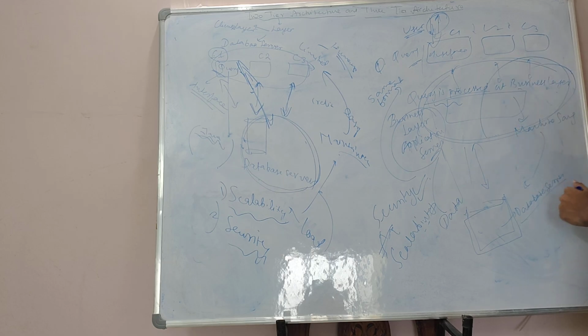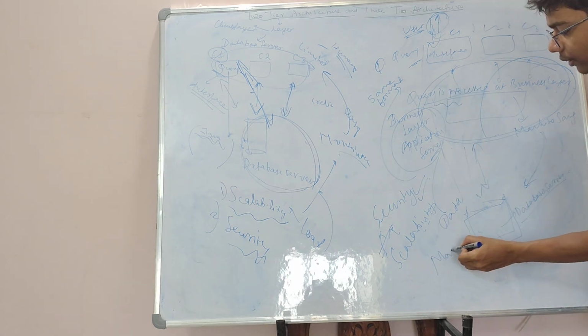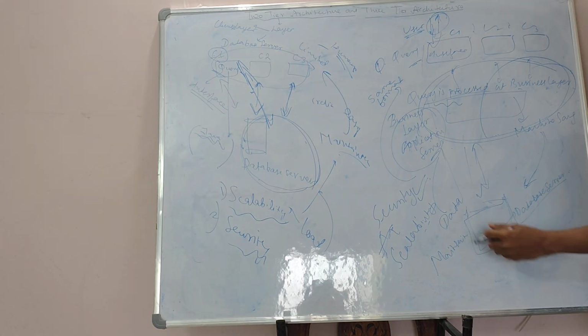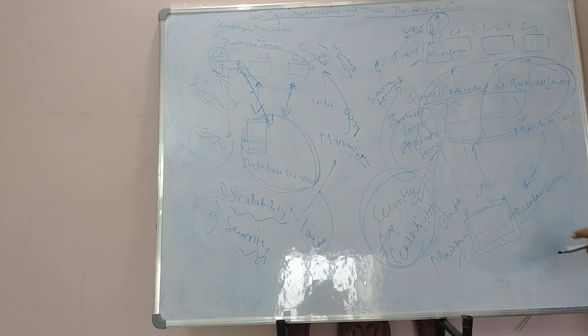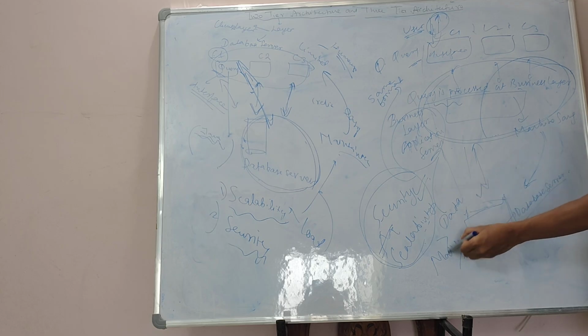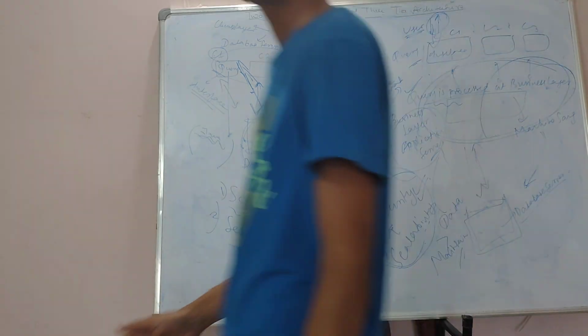So data can be easily accessed and easily outputted to the user. Also, maintenance here is quite difficult, but security and scalability are prioritized over maintenance for the advantage of users. That's why this is considered better. So that is it for this video. We will discuss the next thing in the next video.